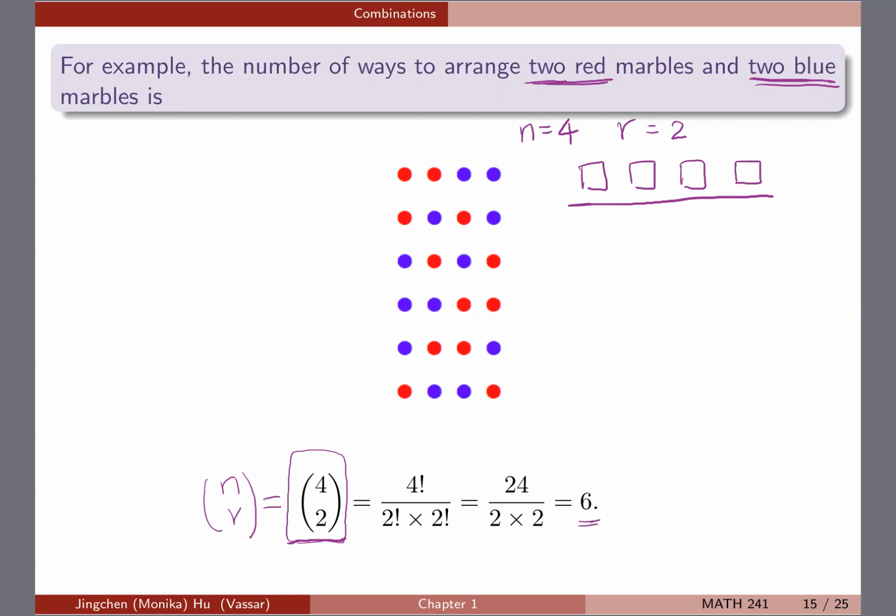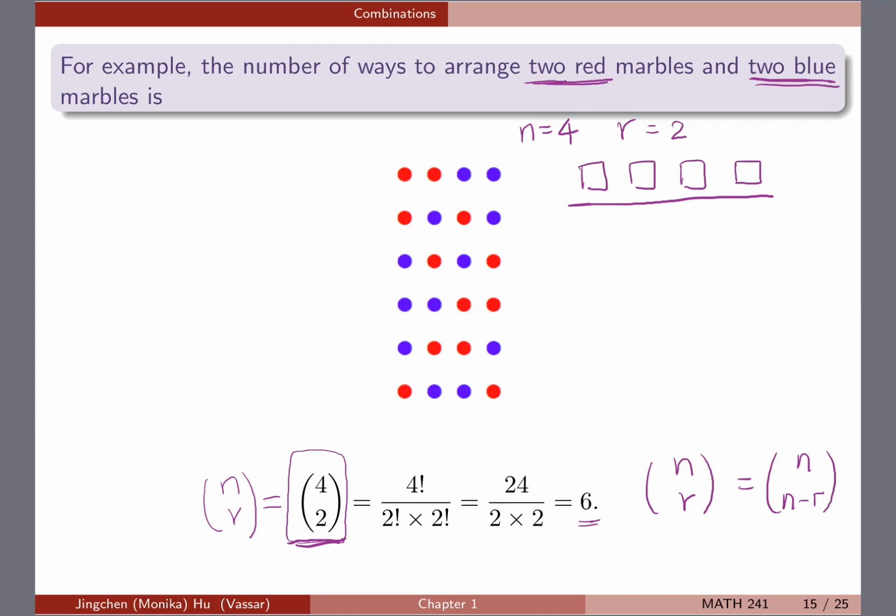This is a very interesting result that we see later as well: n choose R is actually equal to n choose n minus R. In this case, because you have 4 marbles and R equals 2, of course 4 choose 2 equals 4 choose 2.